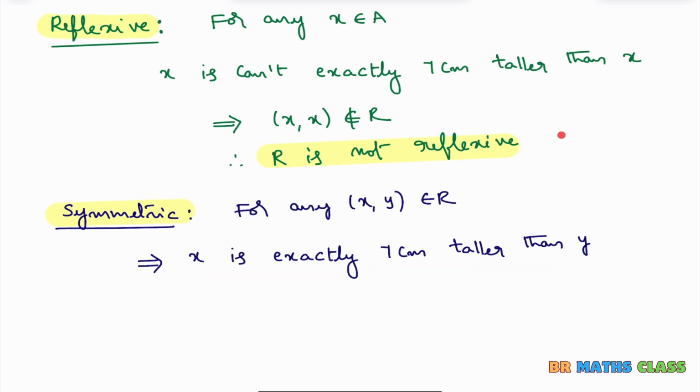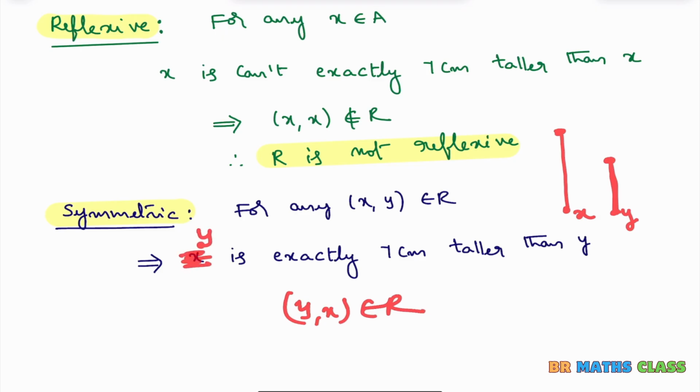Suppose you observe here, this is x, this is y. Suppose x is exactly 7 centimeters taller than y. Is y also exactly 7 centimeters taller than x? No. Actually, y is exactly 7 centimeters shorter than x. (y, x) belongs to the relation only if y is exactly 7 centimeters taller than x.